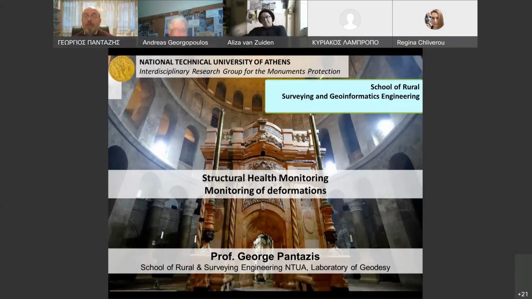First of all, it is well known today that structural health monitoring involves the observation and analysis of a system over time using periodically response measurements to monitor changes to the geometric characteristics of engineered structures, such as monuments, bridges, dams, and buildings, of course.